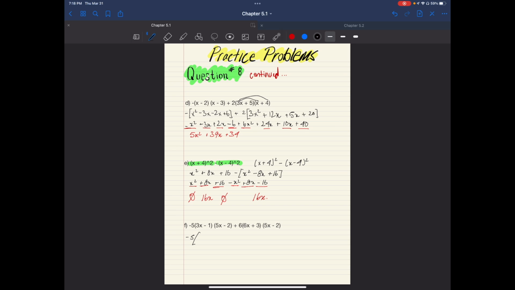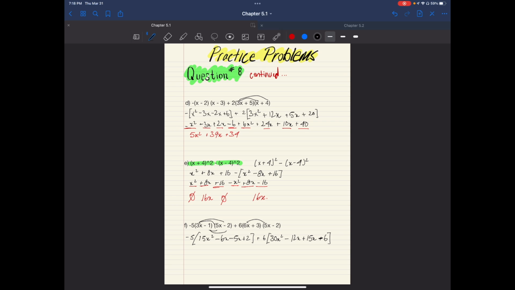So 5 outside the brackets: 15x squared minus 6x minus 5x plus 2, 30x squared minus 12x plus 15x minus 6.